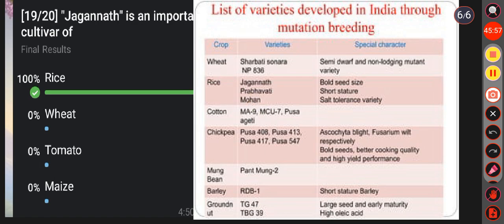It was produced by irradiating the popular tall variety, that is the T141 variety, with X-ray. We know X-ray is used for mutation. So this variety of rice was developed by the method of mutation, which is called a mutant variety. Okay, so Jagannath is a short height mutant variety of rice.